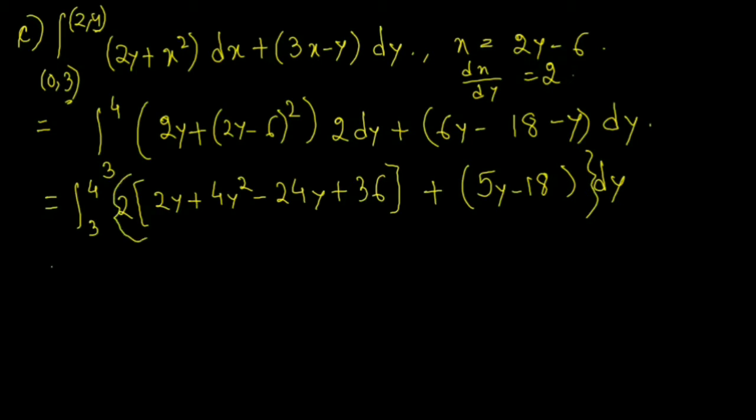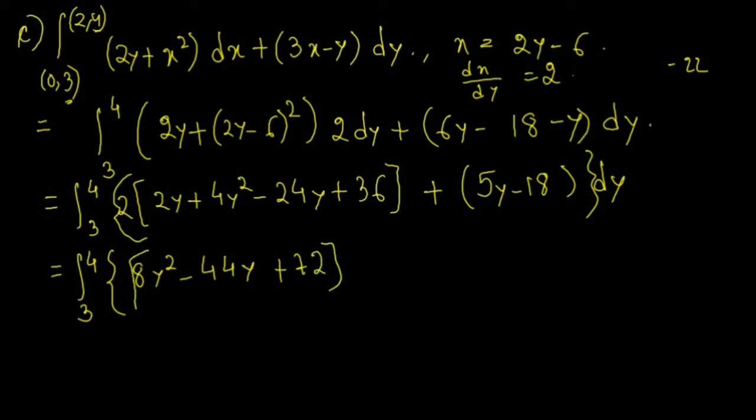Now this is equal to integration 3 to 4 of (8y square minus 44y plus 72, and this is plus 5y minus 18) whole into dy.